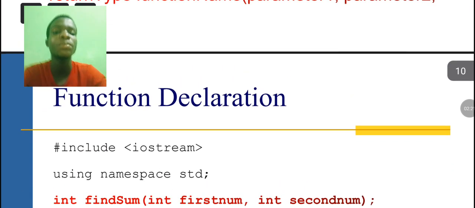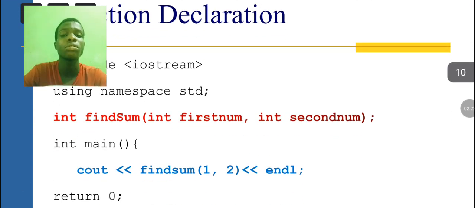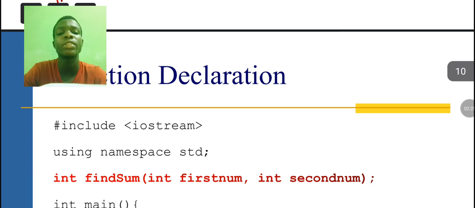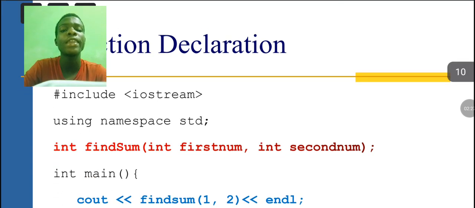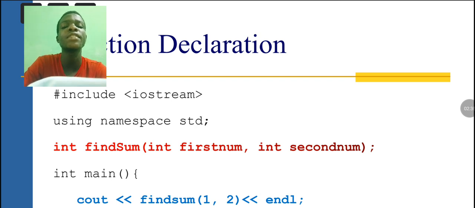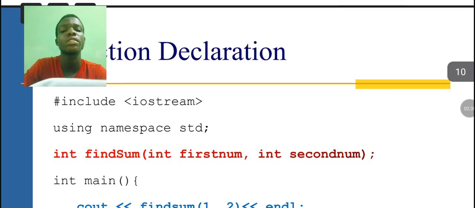Now, an example is this. int is the return type. findSum is the function name. This findSum is a user-defined function, created by the programmer.